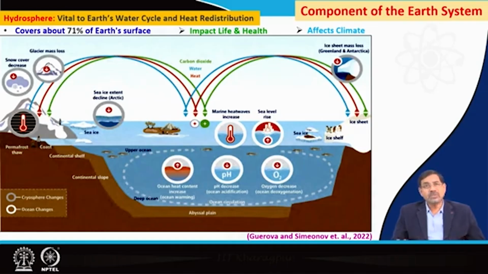The marine heat waves are increasing, the sea level is rising as a byproduct of global warming, and the sea ice is melting. All of these we link to the impact of climate. All this we put under the hydrosphere, how they are being affected, or how they play a role which regulates the climate and climate change.